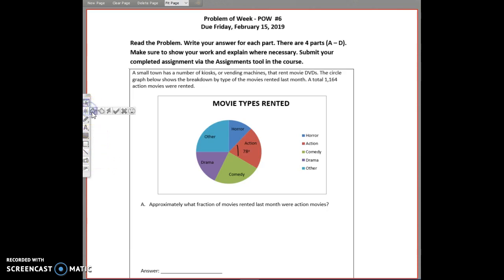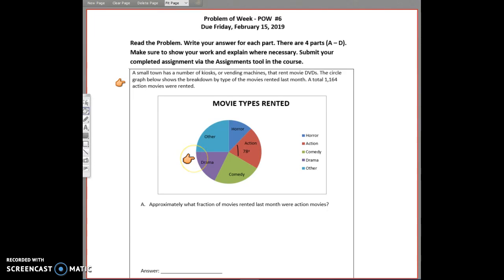A small town has a number of kiosks or vending machines that rent movie DVDs. The circle graph below shows the breakdown by type of movies rented last month. A total of 1,164 action movies were rented.